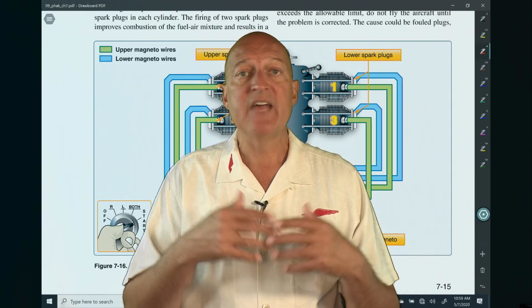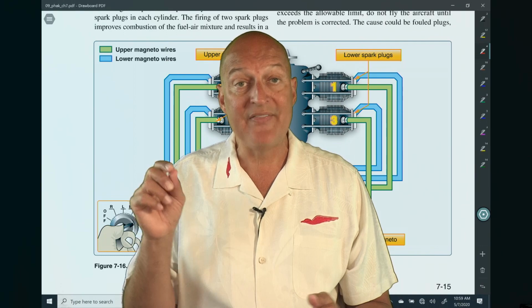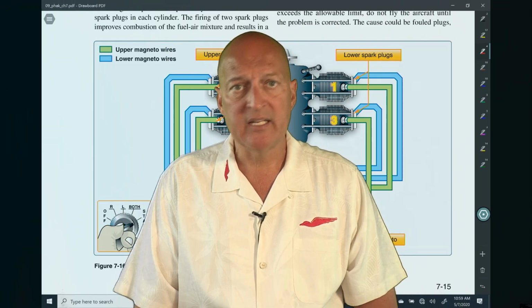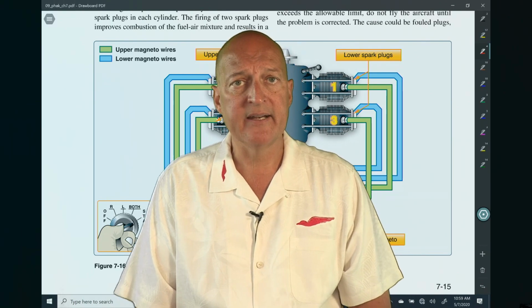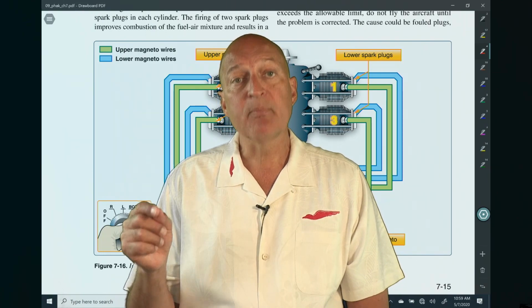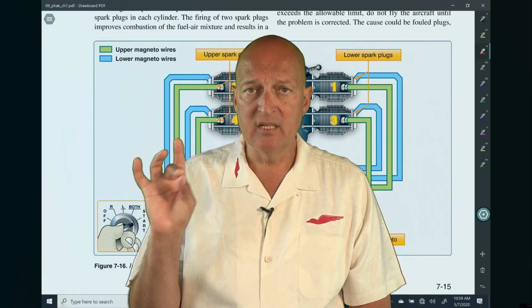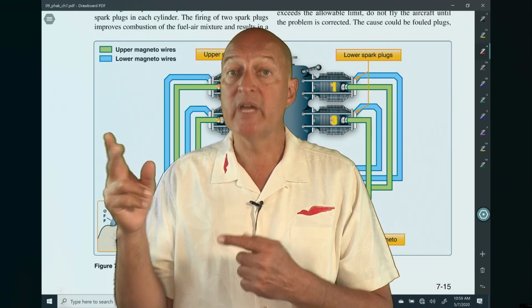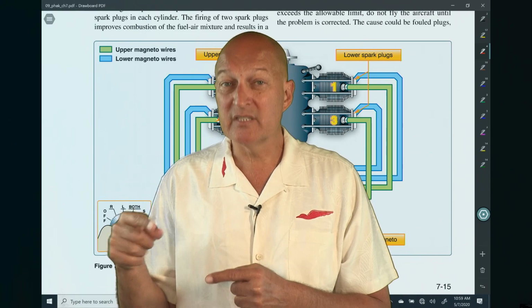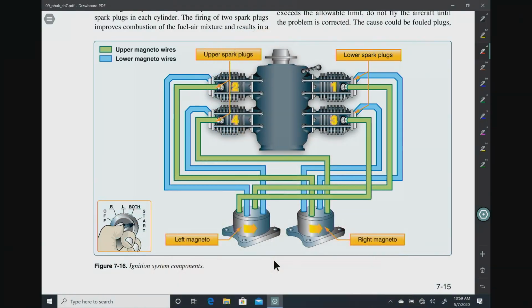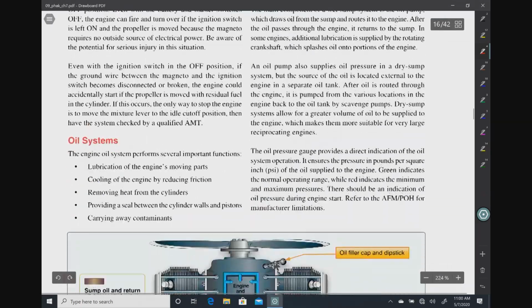Let's say that if we just had the one system like we do in a car and that system failed, well, now you've gone into stealth mode and you're making an off-field landing or hopefully landing at an airport, if you've managed your energy properly. But with an airplane, if one system goes down, you still have spark being applied to those cylinders with the other system. You get a degradation in performance, but you can still get to an airport to get your system kind of figured out. So that's one of the reasons that we have a dual magneto system in airplanes.